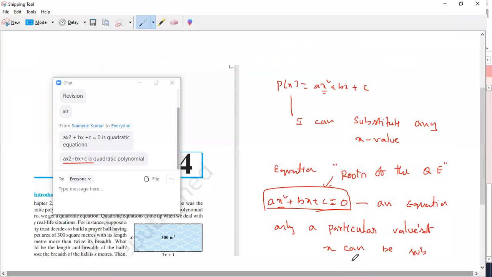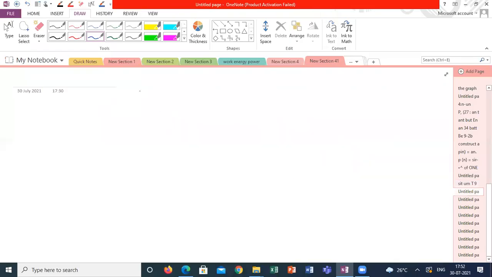So like this, we have different methods. What are the methods? Splitting the middle term. When it comes to splitting the middle term, suppose I have an expression 3x square plus 4x plus 21 is equal to 0.